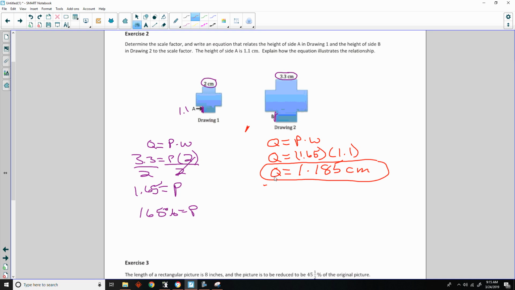So Q is actually my B. So let me just change that to B now. That answers the question. B equals 1.815 centimeters.